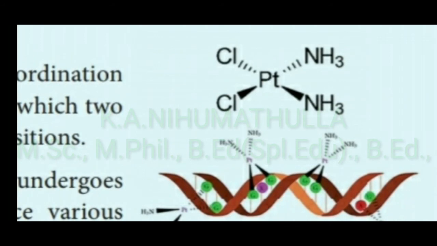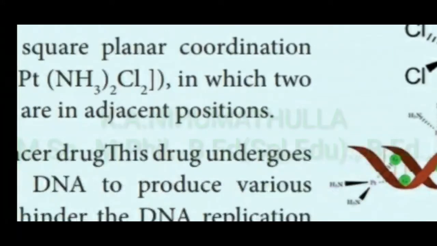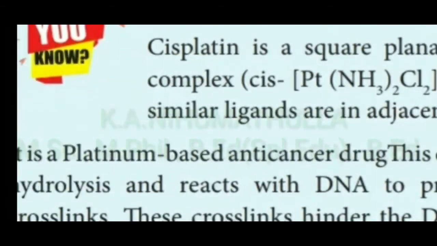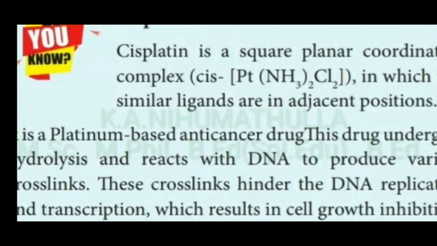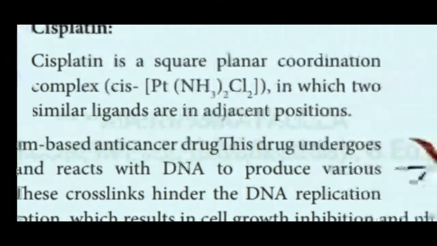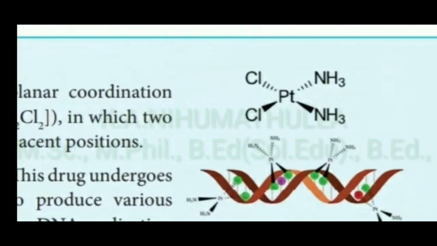This cisplatin is used as an anti-cancer drug. You know, in the cis compound, the two chlorine atoms and two amines are in adjacent positions. Therefore, it is called the cis isomer.